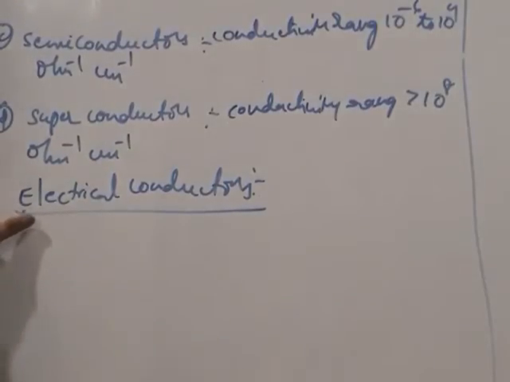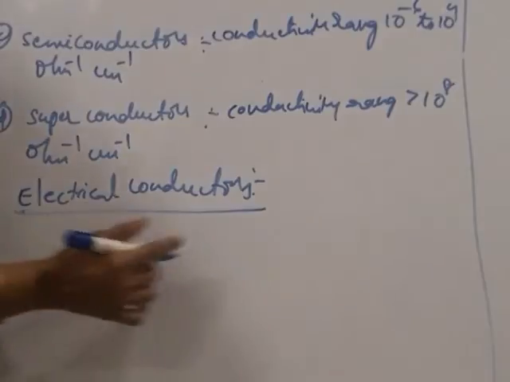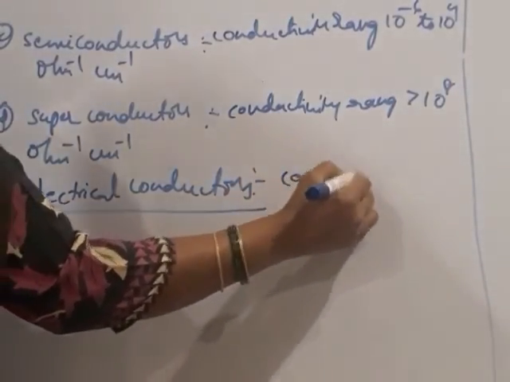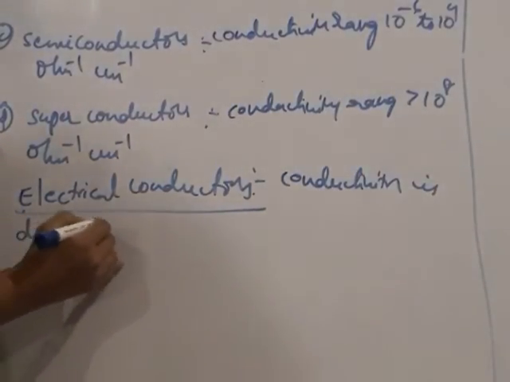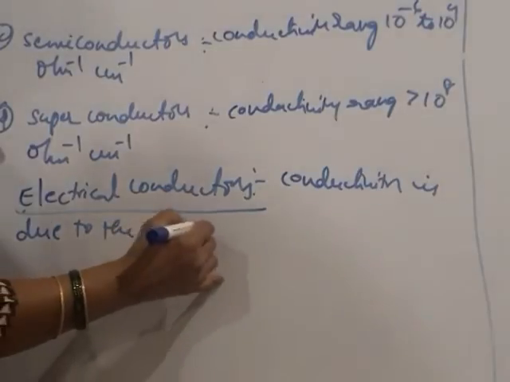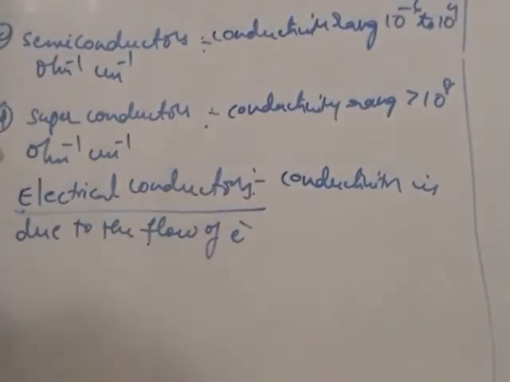In electrolytic conductors, conductivity takes place through the movement of ions, where we use an electrolyte. Electrical conductors, for example metals, conduct due to the flow of electrons.